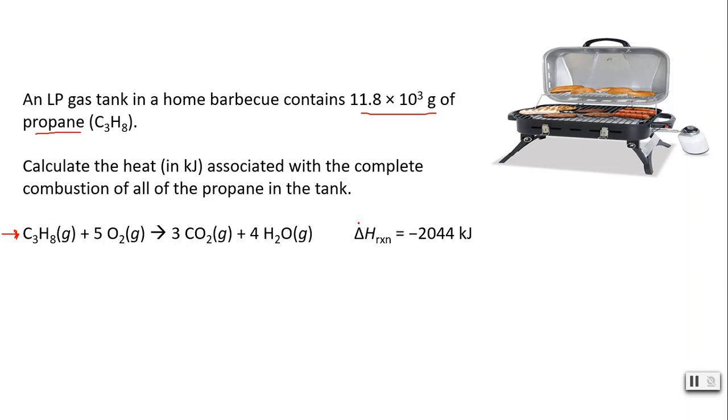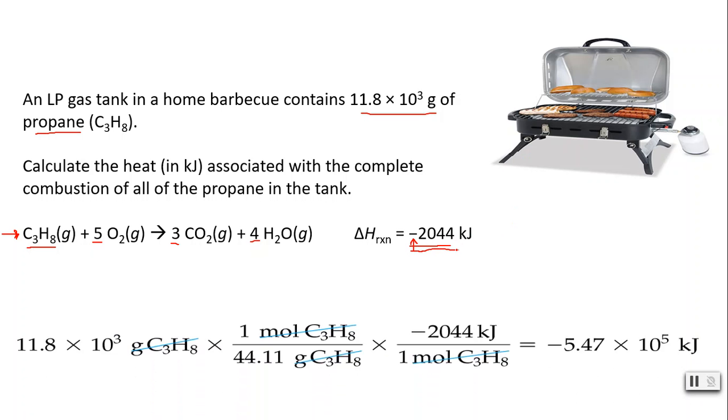So when looking at this balanced chemical equation, I can say for every 1 mole of C3H8, I have 5 moles of oxygen, 3 moles of CO2, 4 moles of water, and I have 2,044 kilojoules of heat that is released, exothermic. That's good information to know because we can use that relationship, specifically the relationship between amount of C3H8 and the amount of heat that's released, to do stoichiometry calculations.